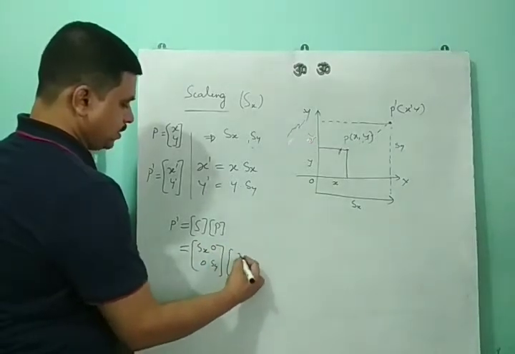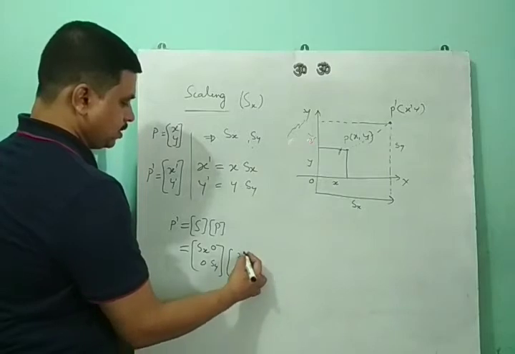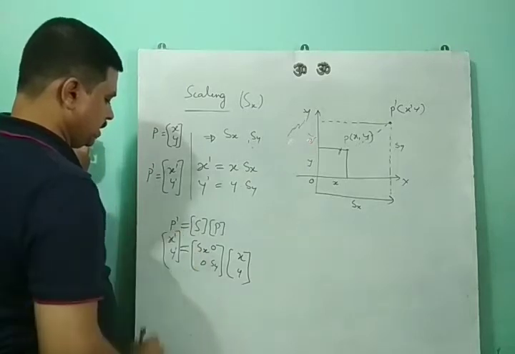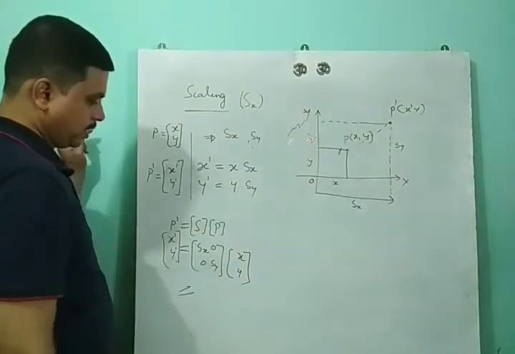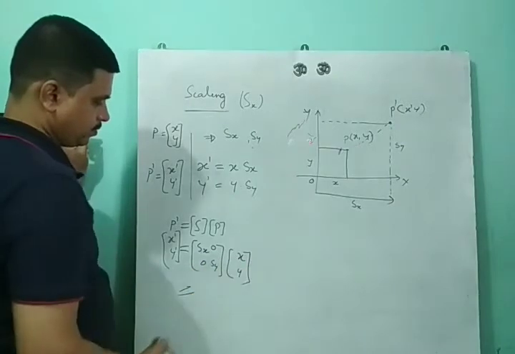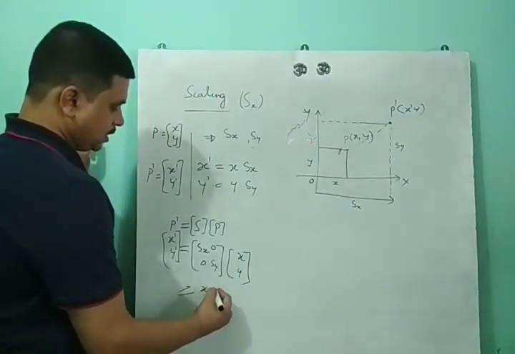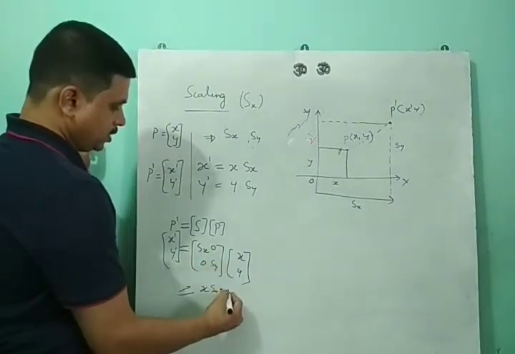P is nothing but x y. So here x dash y dash is nothing but S times P. Now you multiply this: x into Sx plus 0 into y is 0.